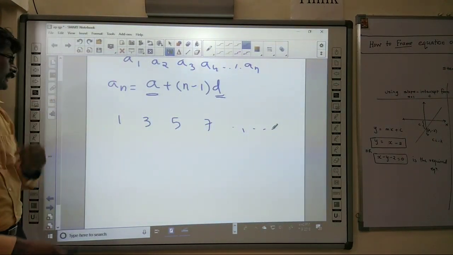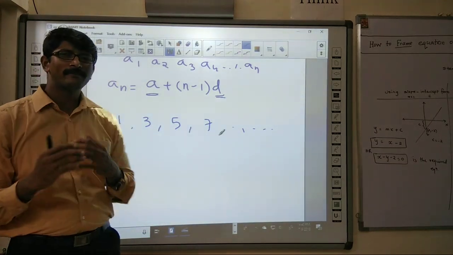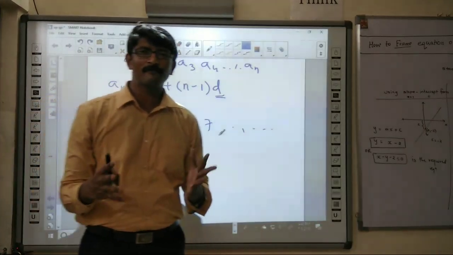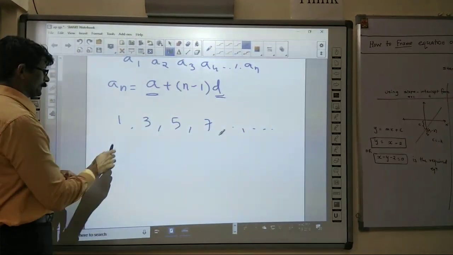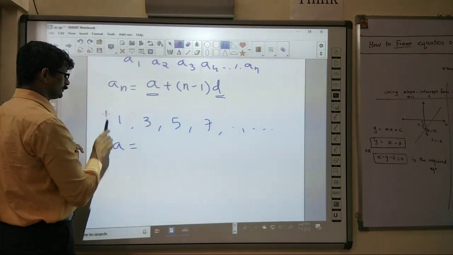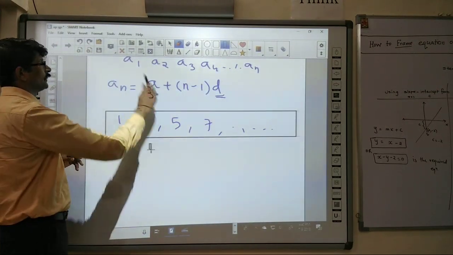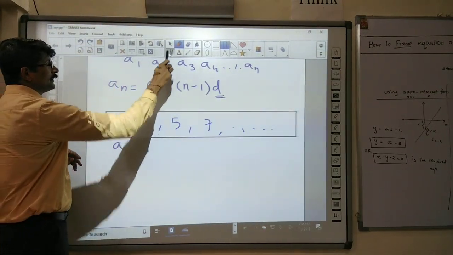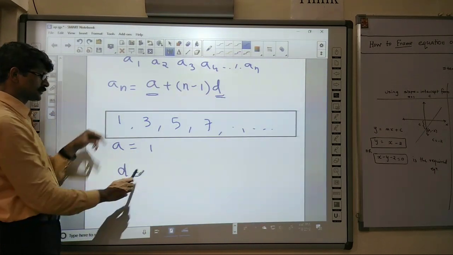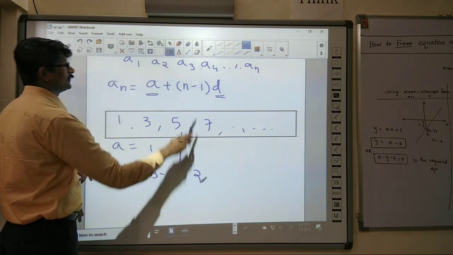Suppose we have to calculate the 50th term here. In this particular case, A is 1. And what is D? D is succeeding term minus preceding term, so that is 3 minus 1, which is 2.